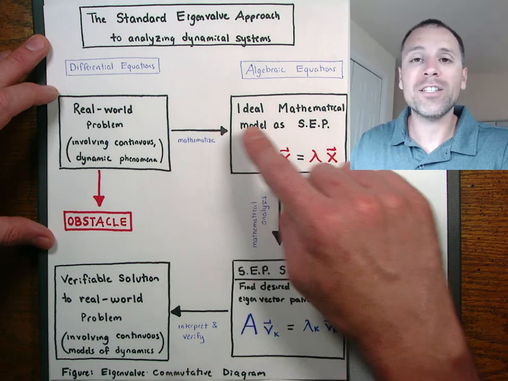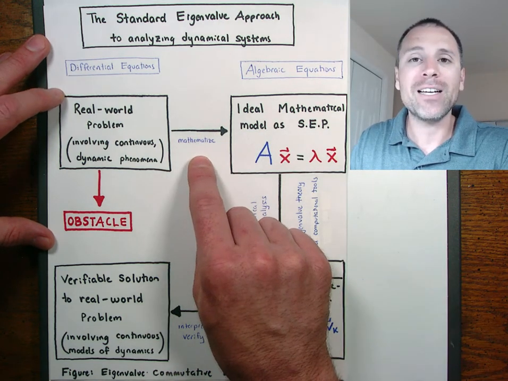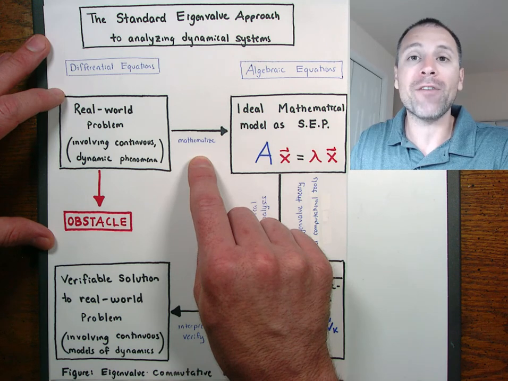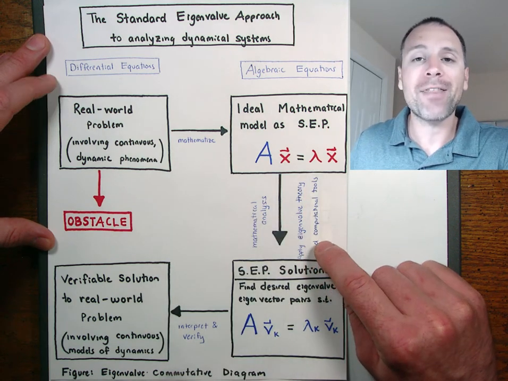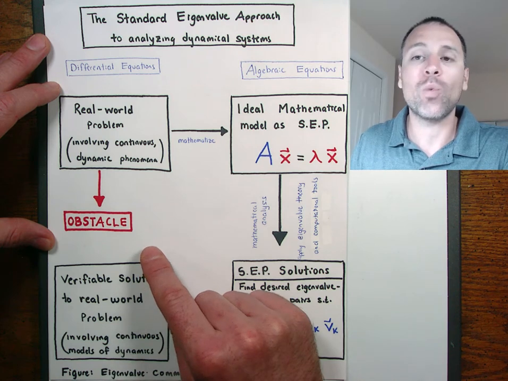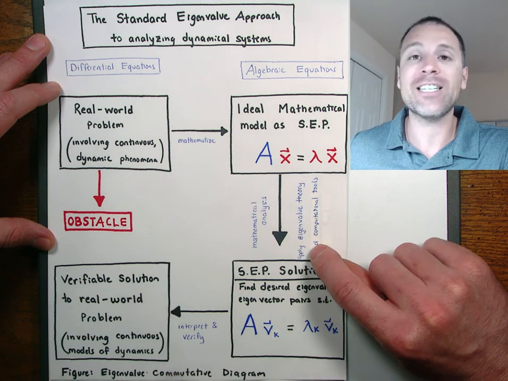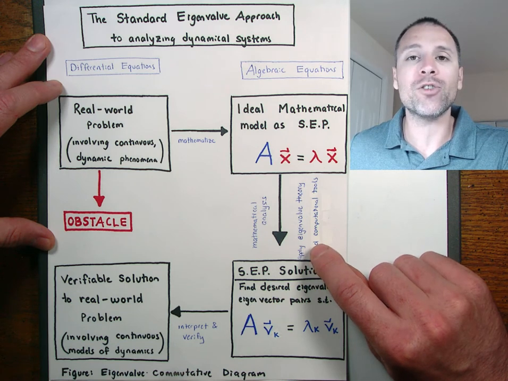With this process in mind, I want to make a few remarks. Number one, mathematizing problems is non-trivial. In fact, it's usually one of the hardest parts of the entire process. Number two, most math teachers do not teach this entire thing in their classes. What they'll do is they'll focus on a subset of eigenvalue theory that is useful for introducing the major ideas.